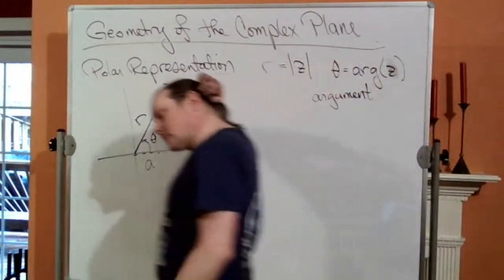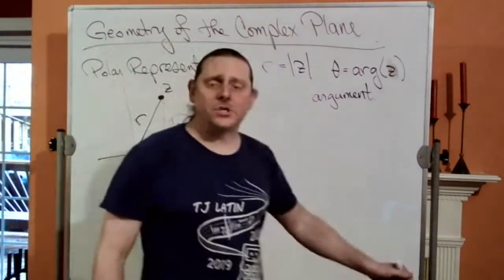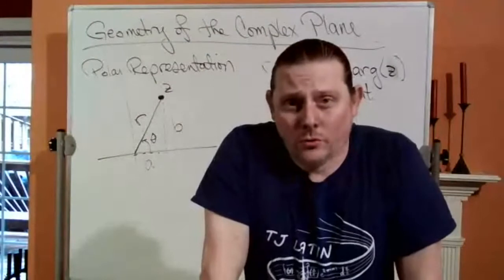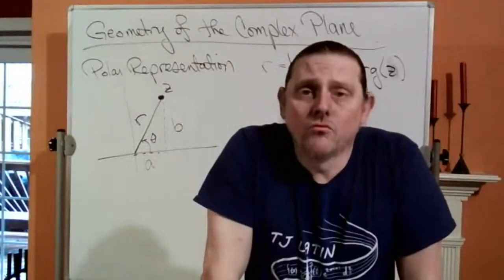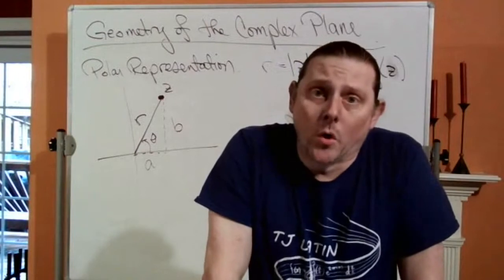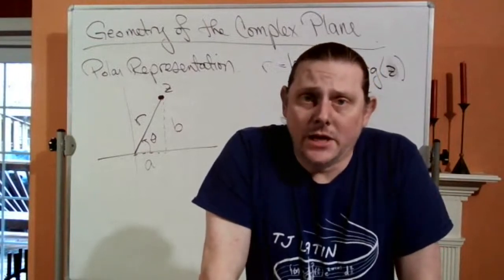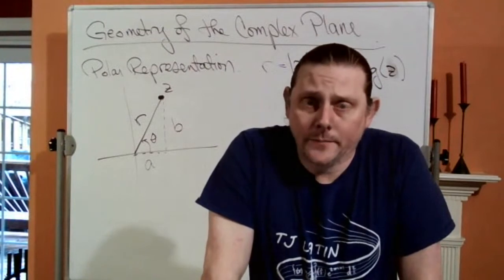Now, as you've learned before, theta is not unique. Unlike Cartesian coordinates, where there's only a single representation for each point, in polar coordinates, there are an infinite number of representations for a point.